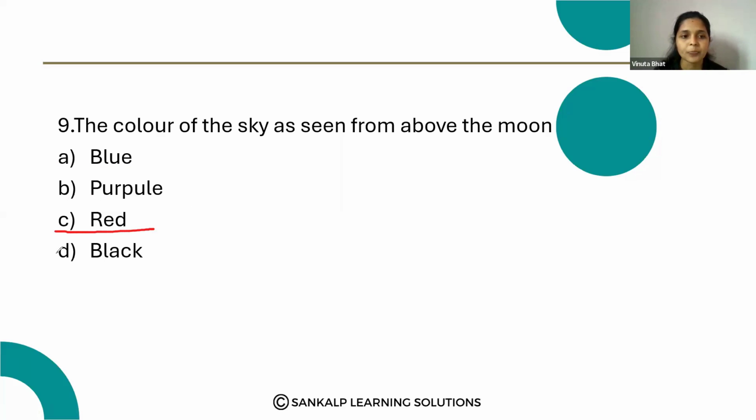What is the reason? Because there is no atmosphere on the moon for the scattering of light. If the scattering of light is absent, then there is no blue or other color dispersion. So option D, the black color, is seen when you observe the sky from the moon. Option D is the correct answer.